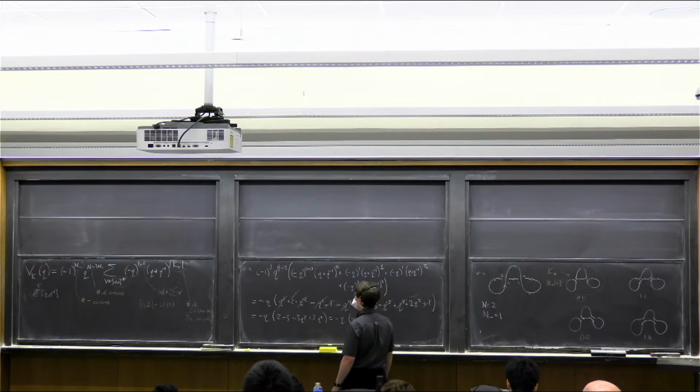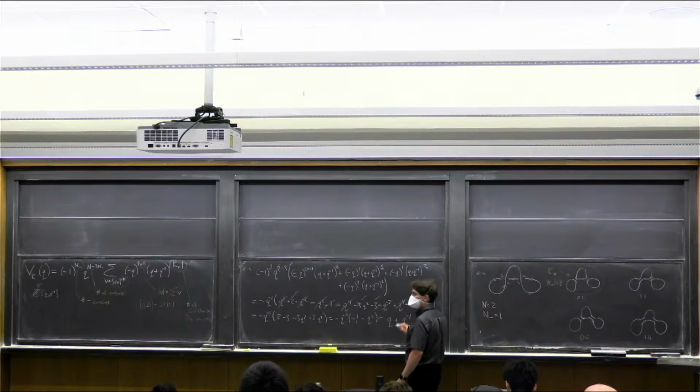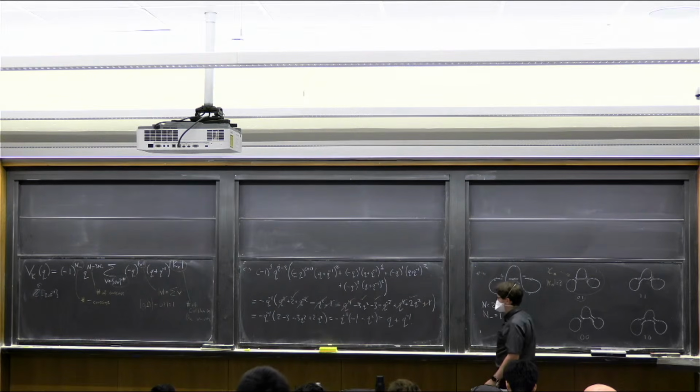That's great. Negative 1. That's much better. Thank you. Minus 1 plus q, sorry, minus q squared, which is q plus q inverse. Thank you. Well, with some audience help, we got there.